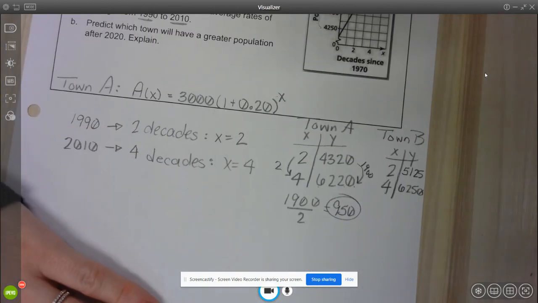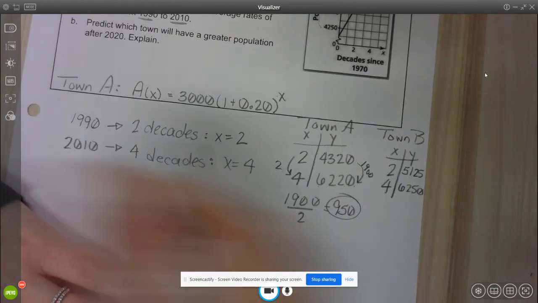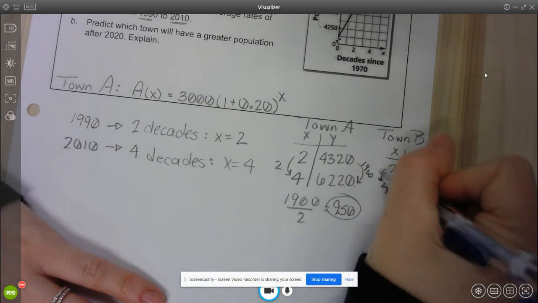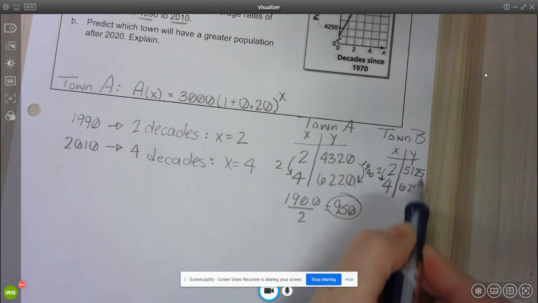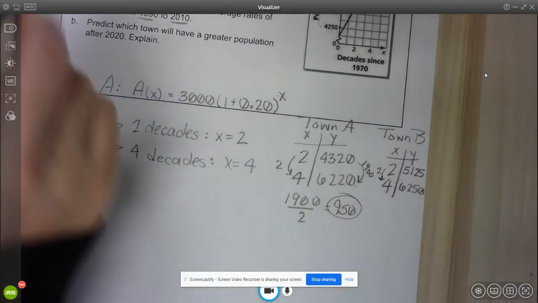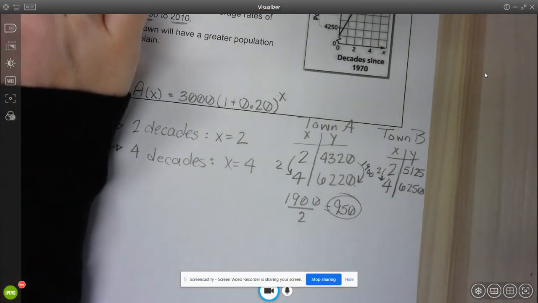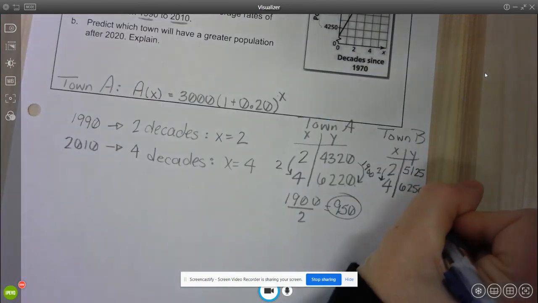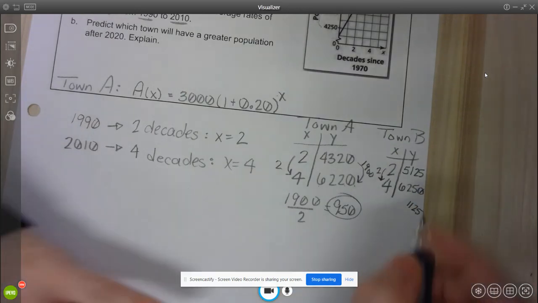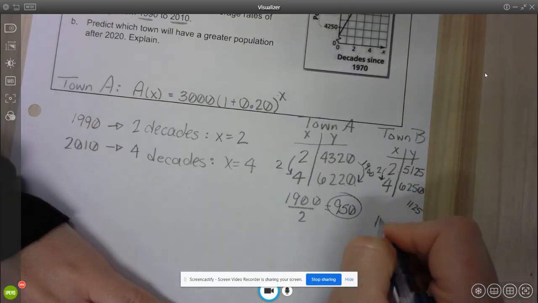I didn't really leave myself enough room there for town B. So this is 2. So the jump here in between the y's is, I'm just going to write it down here, 1125. So for town B, we got 1125 divided by 2.